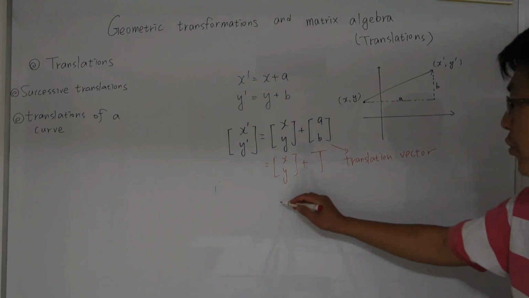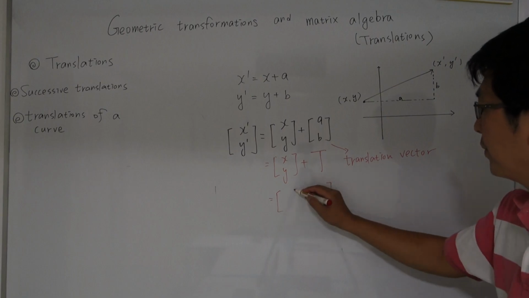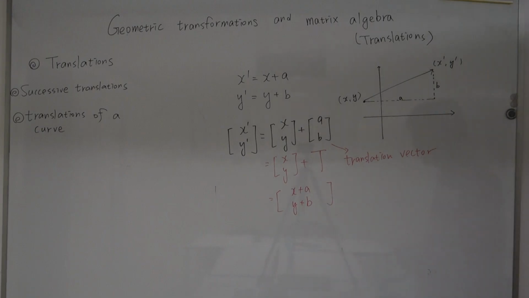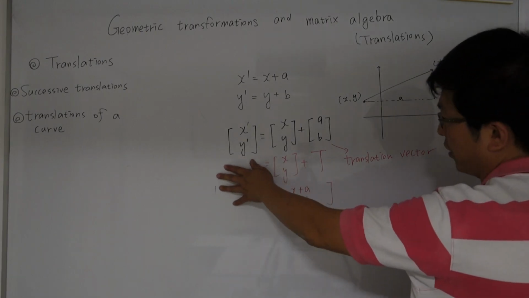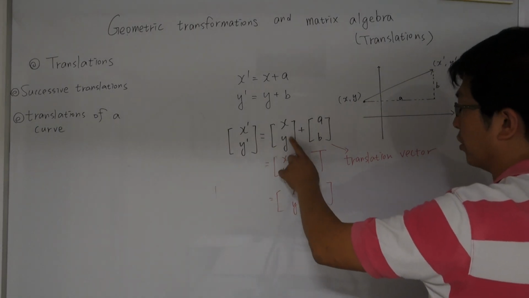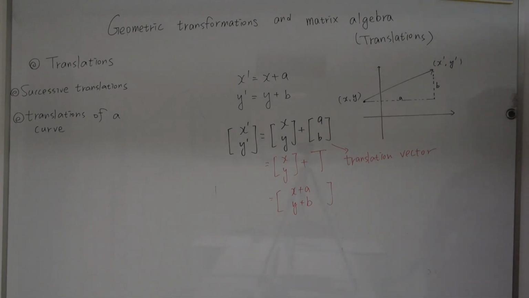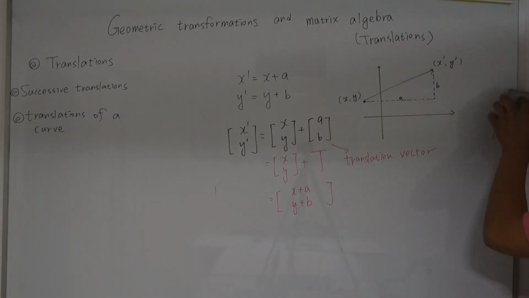Now you can rewrite it as (x plus a, y plus b). That's called translation. Now you can copy the definition first, and then we use examples to show you. That's quite easy, right? Just remember that this is the image point. The new point equals the original plus a translation vector. Alright? That's translation.